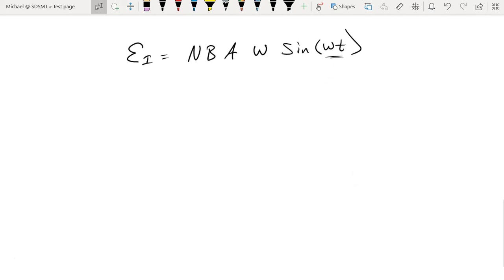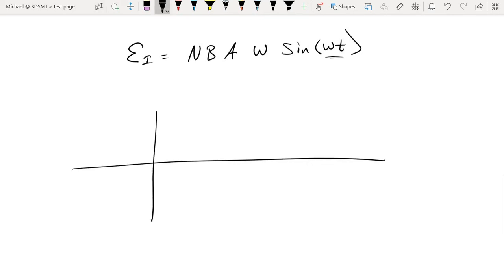Well, think back to your days in trig and plotting out sine functions and cosine functions. In the case of a sine wave, your sine function continuously alternates between positive and negative 1.